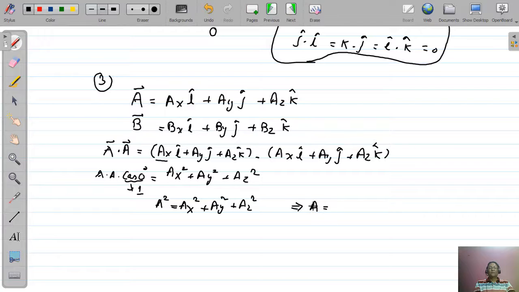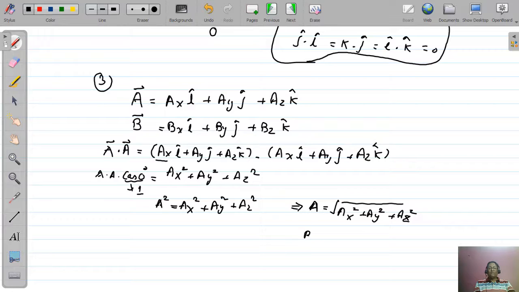Magnitude of A square is the square of the magnitude, so the magnitude of A equals, and when we take the square root we will get plus minus, but minus is discarded because we are dealing here with magnitude. So it will give square root of ax square plus ay square plus az square.